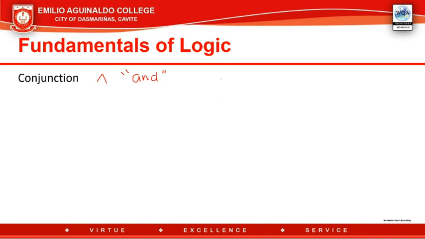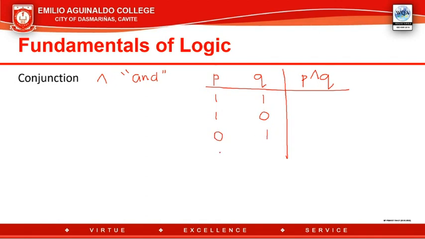If we have two propositions P and Q, this will be our P conjunction Q. So let us draw the table here. So we have 1, 1, 1, 0, 0, 1, and 0, 0.